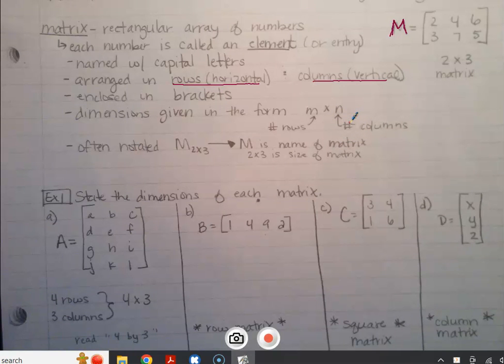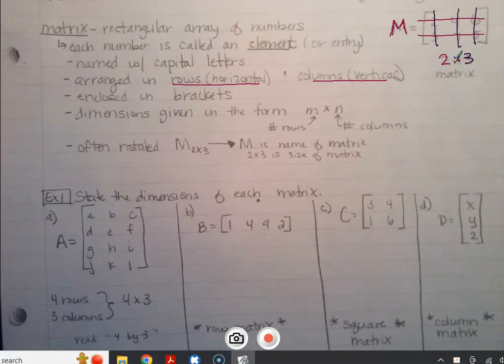Maybe it's some Latin. Yeah, M and N. Okay, so this one we have 2 rows, right? 1, 2, so it's a 2, and then we have 3 columns. 1, 2, 3, so that's why it's a 2 by 3 matrix.